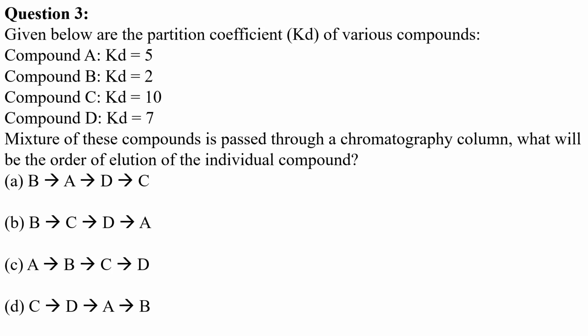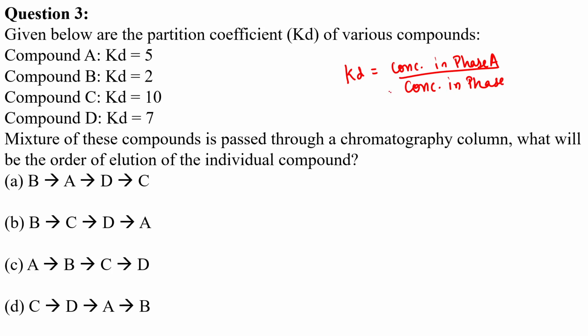It means two parts of compound B are in phase A and one part is in phase B. If you remember, I told you Kd is equal to concentration in phase A divided by concentration in phase B, right?